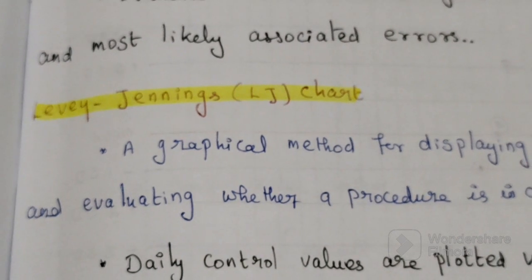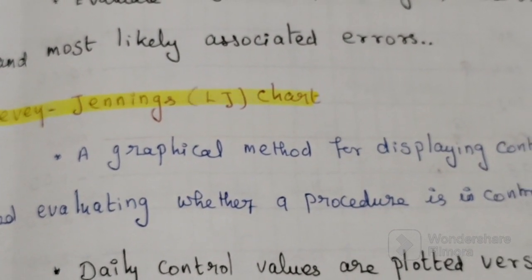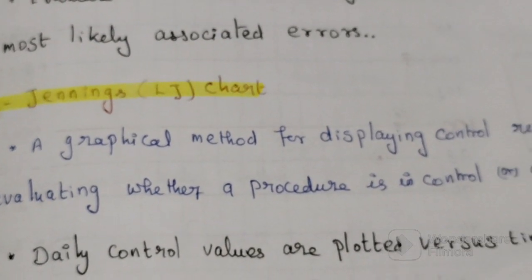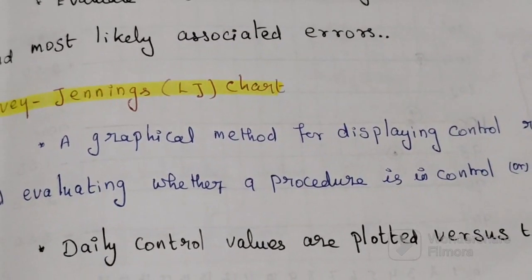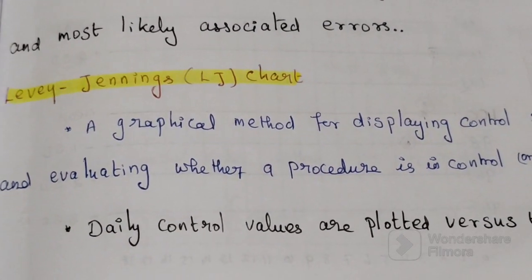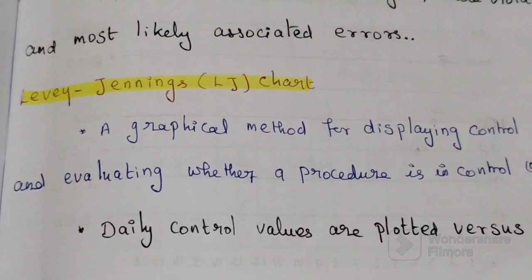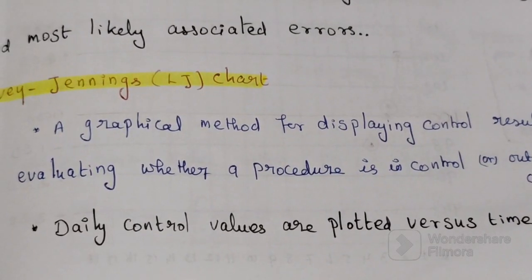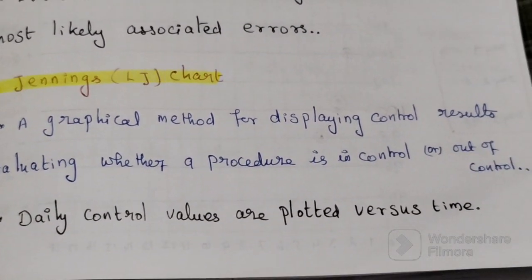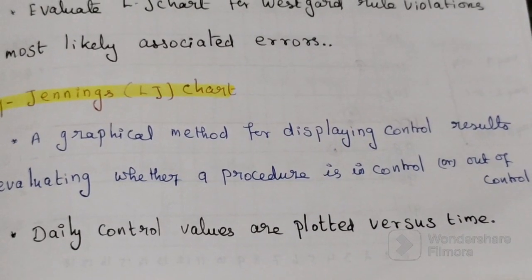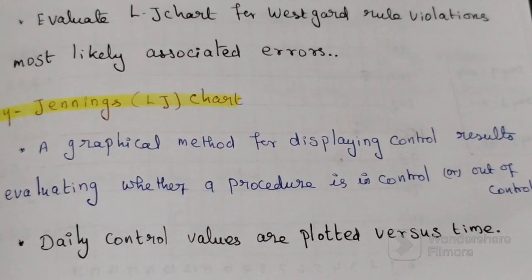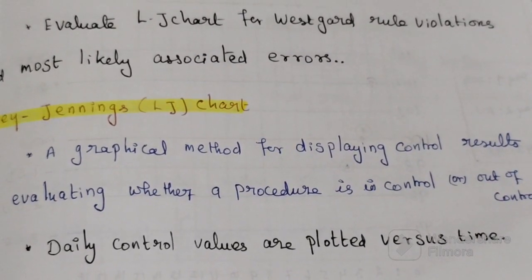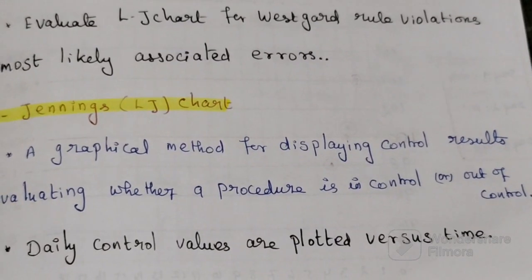The Levey Jennings chart is also known as the LJ chart. It is a very useful tool in internal quality control, and it is a graphical method for displaying control results and evaluating whether a procedure is in control or out of control.